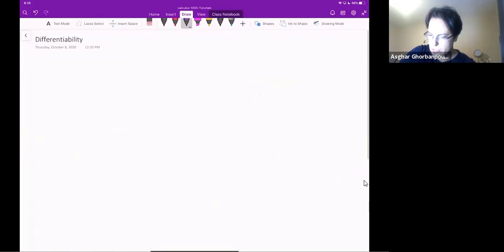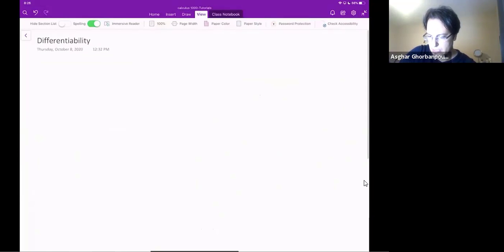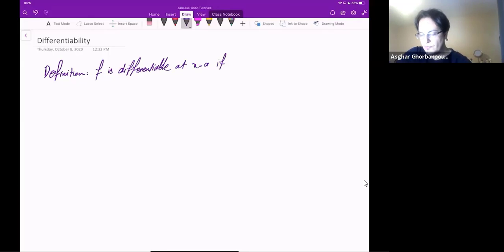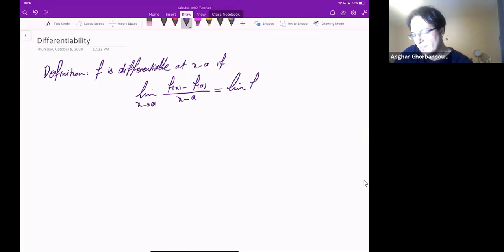So the definition goes like this. f is differentiable at x equal to a if the limit given by f of x minus f of a over x minus a, as x goes to a, exists, or an equivalent version of that, the limit of f of x plus, so I will put this one in brackets, but these are the same thing, so equivalent.